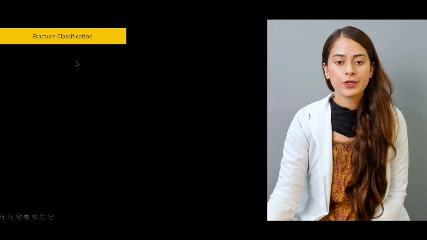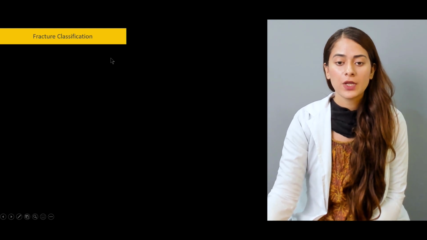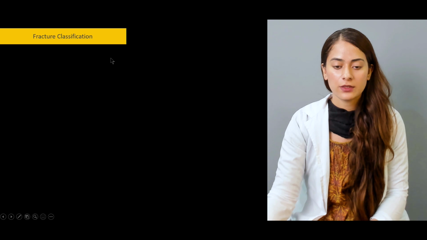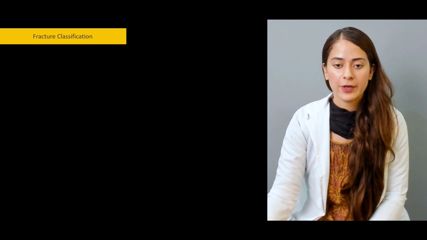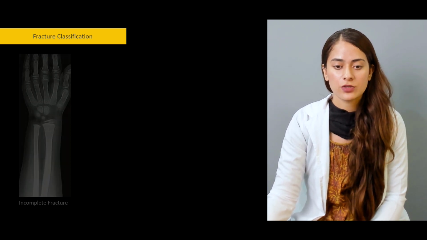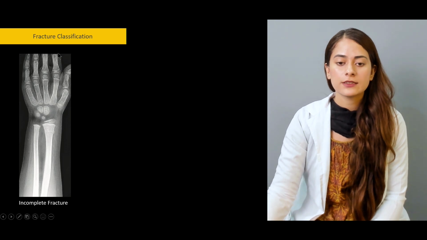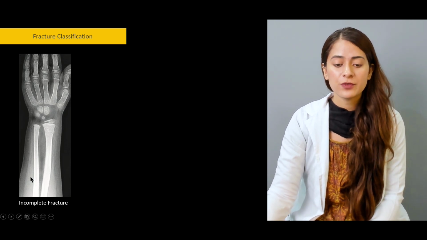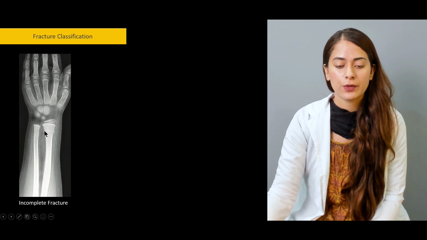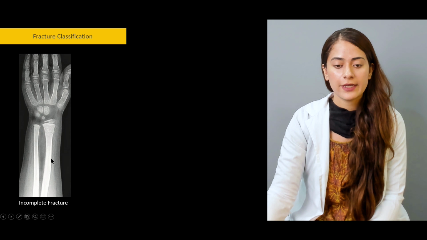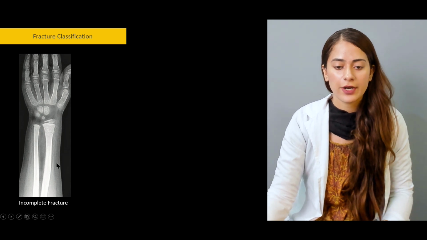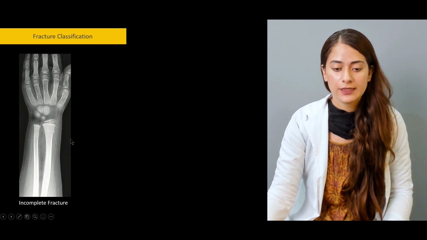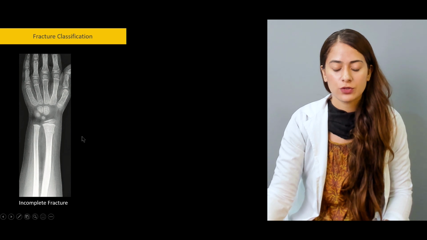So now we move towards the fracture classification, some other types of classification, and we're going to talk about that. Let's go to the image directly. So this is the first image. Before going to the type of fracture or where the fracture is, let's just talk about where everything is in this radiograph. This is an X-ray view of the forearm and hand of an individual.